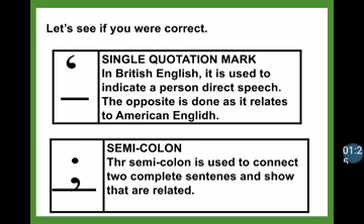So the first punctuation mark that you saw is called a single quotation mark. Now, as you know, there are 2 sets of English rules.